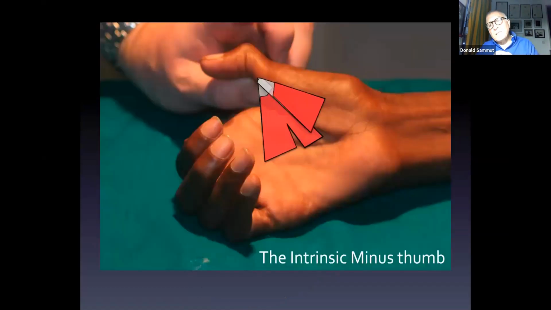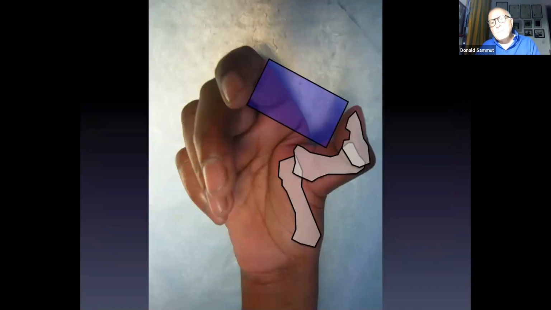So the intrinsic minus thumb, remember throughout that the thumb mechanism for stabilizing the MP joint is identical to the long digits. The short muscles at the base, at the level of the metacarpal, stabilize the MP joint. And so you will see patients who try to grab an object like this, who have a wasted thenar eminence, will collapse their MP joints dorsally.